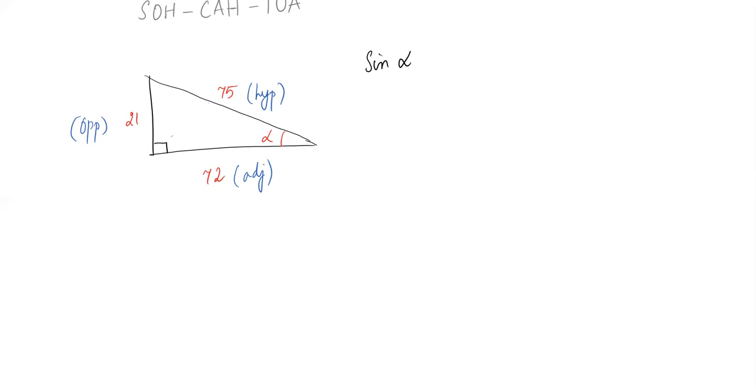So SOH is opposite over hypotenuse. The opposite value is 21 over the hypotenuse, 75. Of course, wherever possible, you will be simplifying it, but I'm just showing you the position, so I don't want to simplify it now. In an actual problem, we will. Right now, we're just exploring this idea.